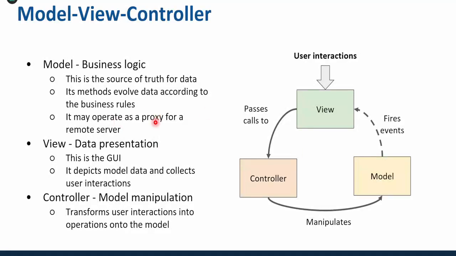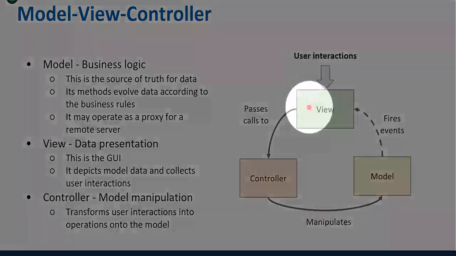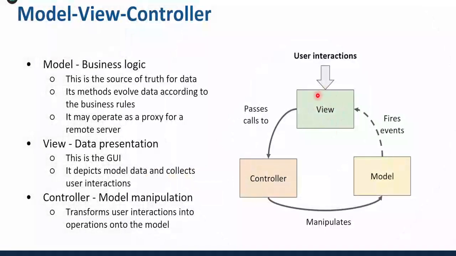Eventually, it is the entry point to the remote server, as I told you. So if you go through this loop, you will see that there is just one way in which your data will flow, which is that the model is responsible for triggering some event to update the view, which are the ways, of which we have seen three, to display information to the user.